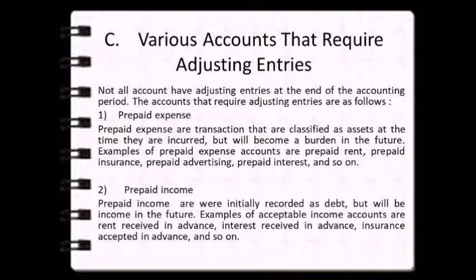Number 2, prepaid income. Prepaid income was initially recorded as debt, but will be income in the future. Examples of prepaid income accounts are rent received in advance, interest received in advance, insurance accepted in advance, and so on.